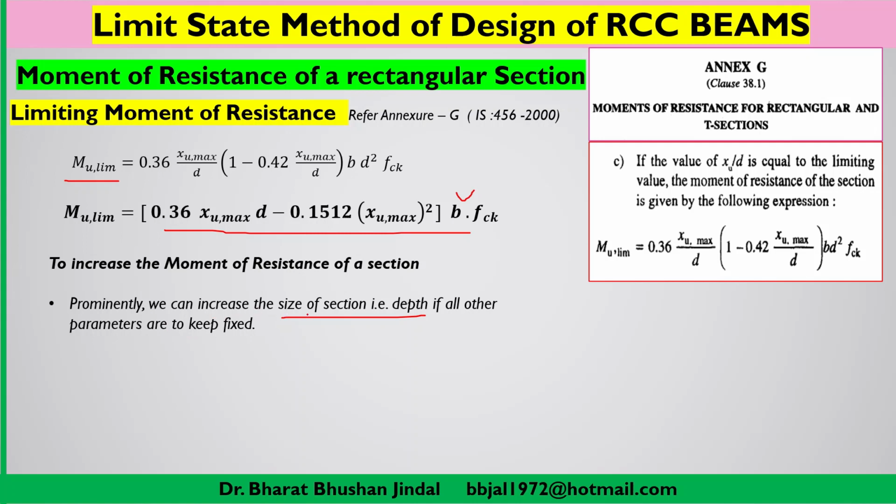Now we can increase the depth if all other parameters are kept fixed. That means if you have decided that a particular grade of concrete is taken and a particular width of the section is taken, that means width of the section is fixed, grade of the concrete is finalized, but still you want to increase the ultimate moment of resistance of the section, then the most prominent option is you can change the depth of the section.